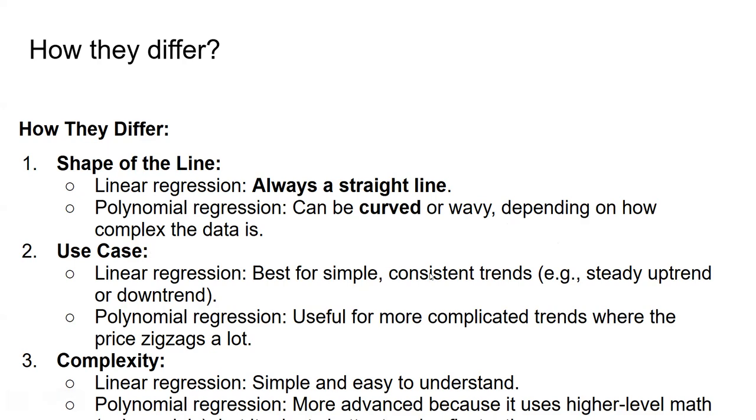For that type of case, it is very useful, and also it can be used for longer-term uptrend or downtrend. Polynomial regression is useful for more complicated trends where the price zigzags a lot. As for complexity, linear regression is simple and easy to understand. Polynomial regression is more advanced because it uses higher-level mathematics.